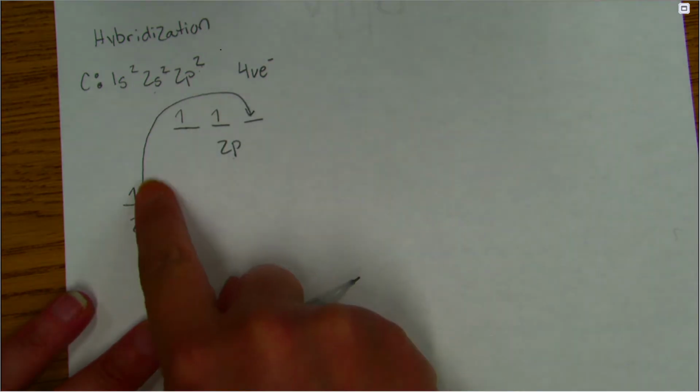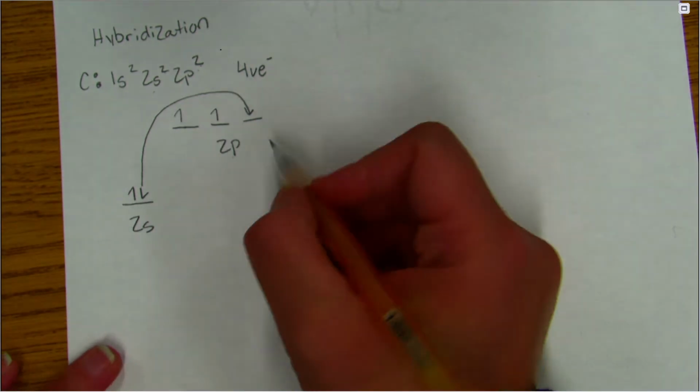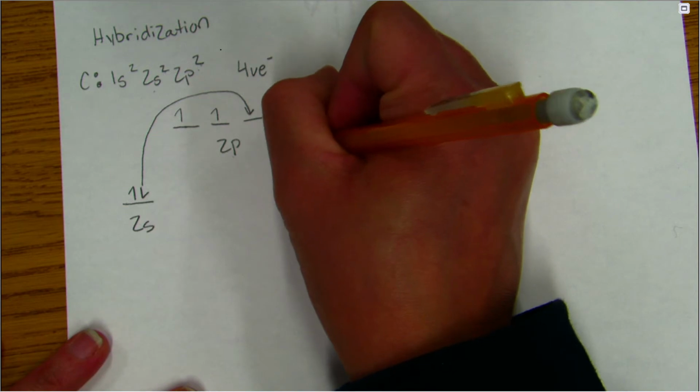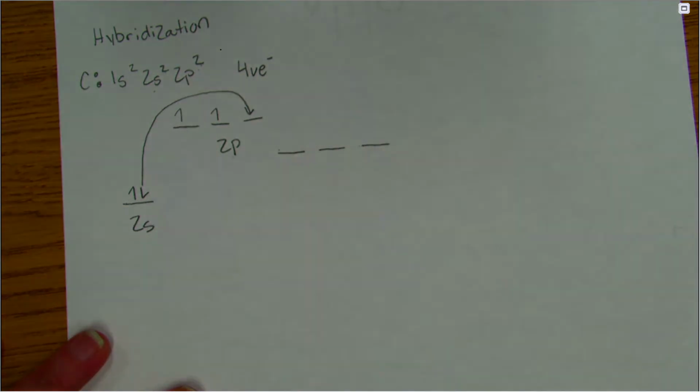Now if I take one away and put it in the p, my p is now half filled, so carbon is more happy, right? Because remember, a half filled is better than a non-half filled. And what we end up with is some sort of energy that is halfway in between, okay?